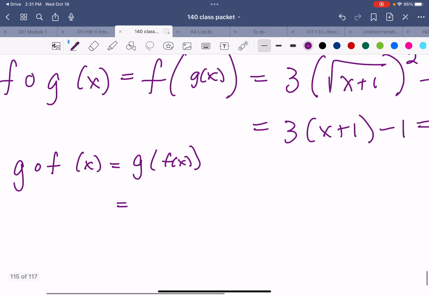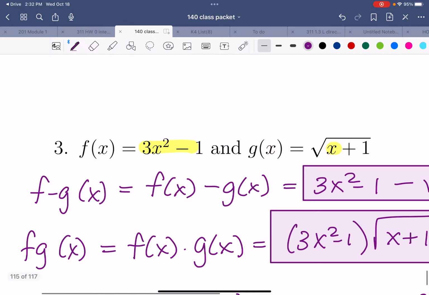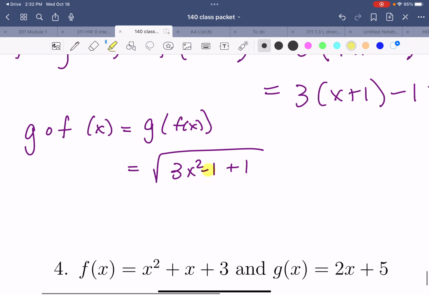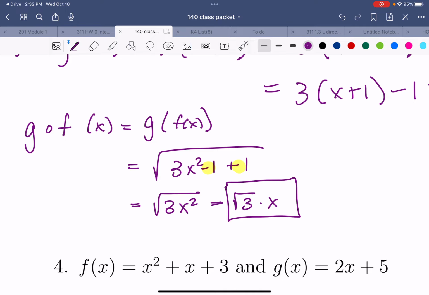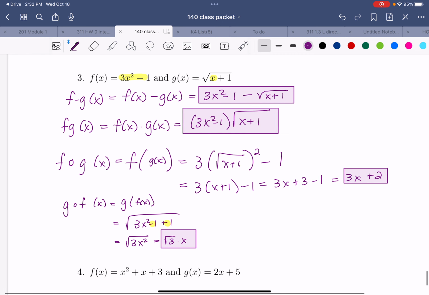So the square root of 3x squared minus 1 plus 1. And then these two terms will cancel out, and we'll be left with the square root of 3x squared. And you can take the x out, so that's just the square root of 3 times x, because the x is perfectly squared, but the 3 is not. And that's going to be my final answer. Okay, so there is our number 3.